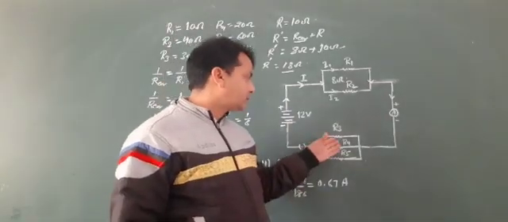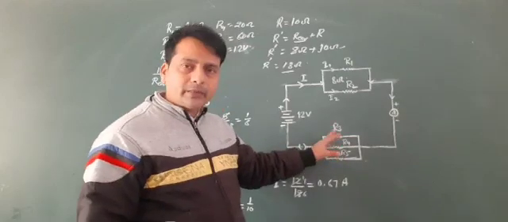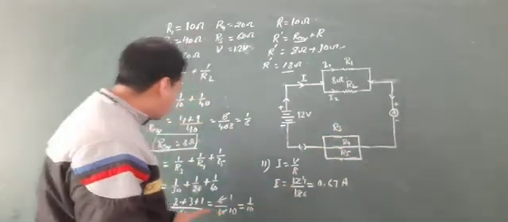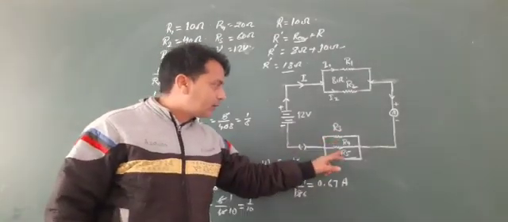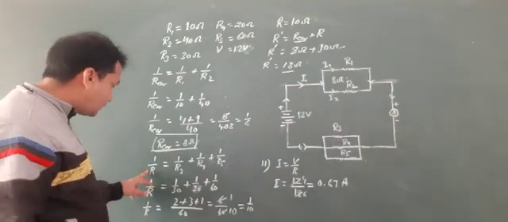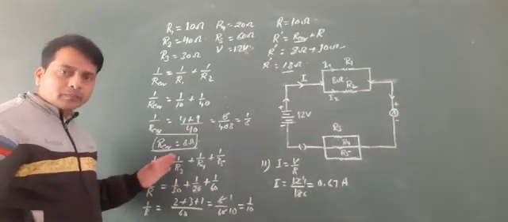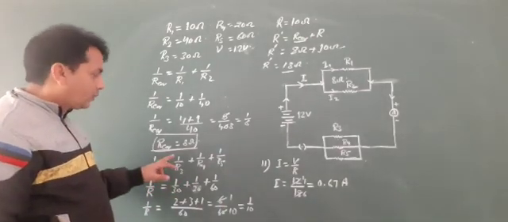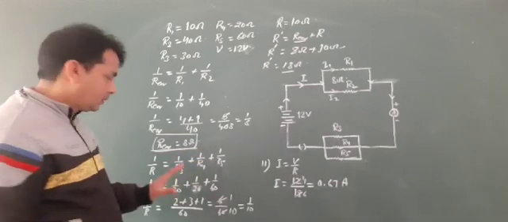So find the equivalent resistance of R3, R4 and R5. Suppose it is R. Then apply the rule of the parallel combination: 1 by R equals 1 by R3 plus 1 by R4 plus 1 by R5.